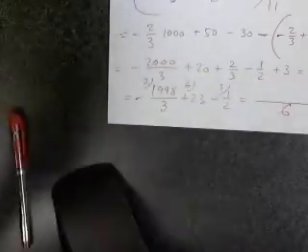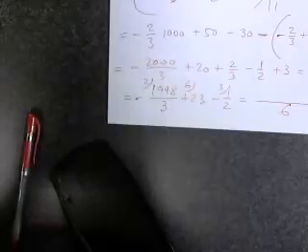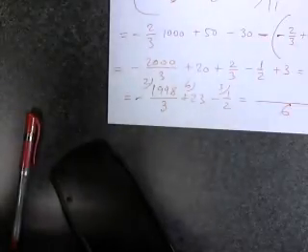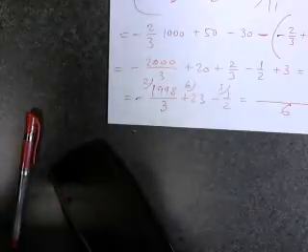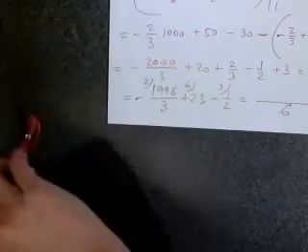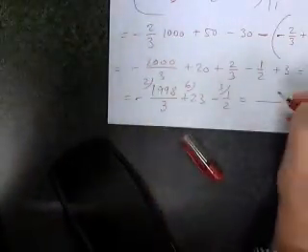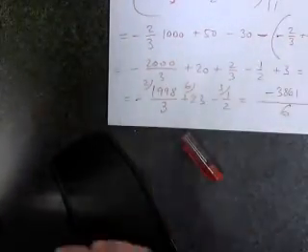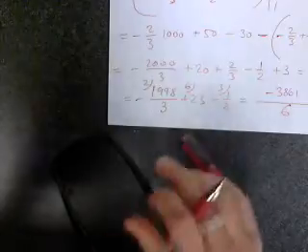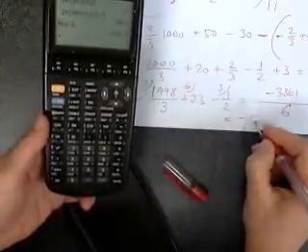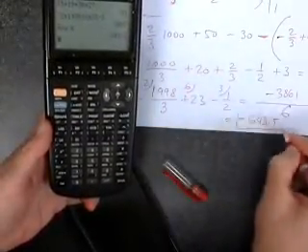I'm going to use a calculator now. So negative 2 times 1998 plus 6 times 23 and minus 3. 3861. And I divide this by 6. Ah, yes. I remember this ugly number.